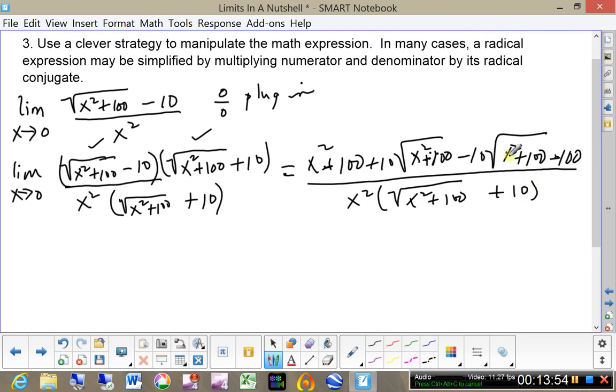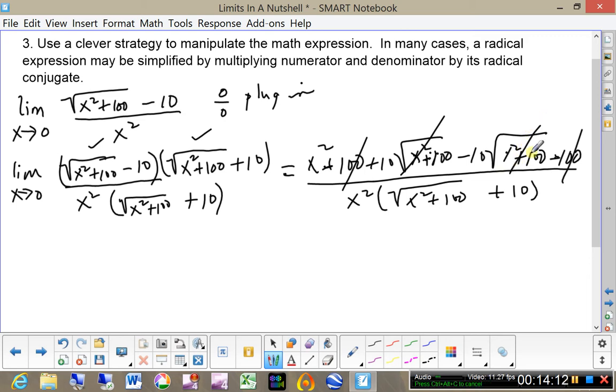And notice that we can have fun canceling out the plus 100 and the minus 100, as well as the plus 10 times a radical minus 10 times a radical.